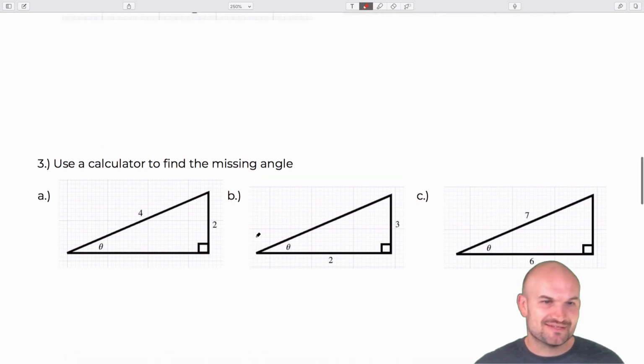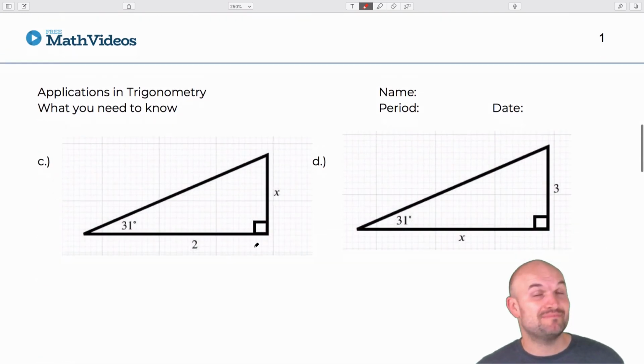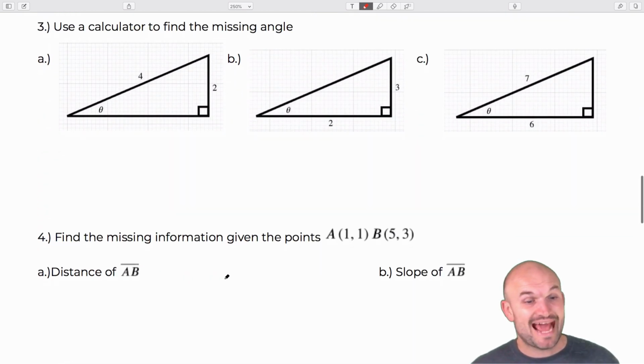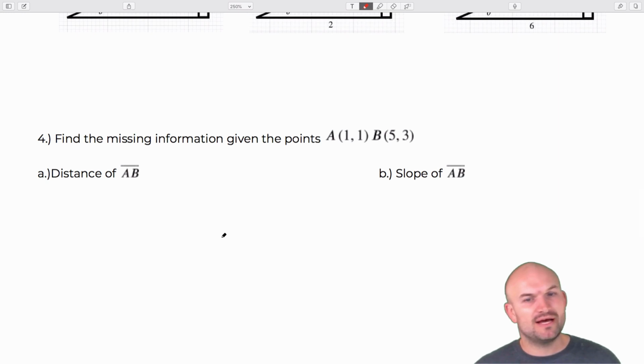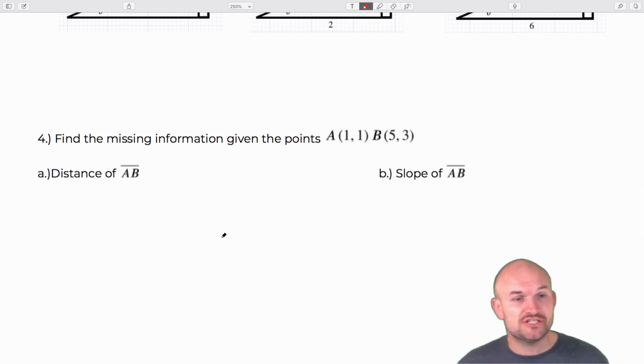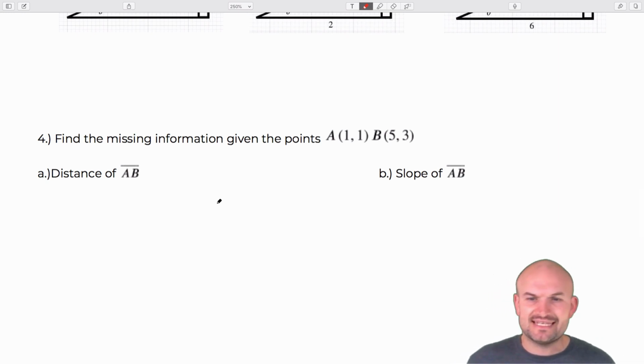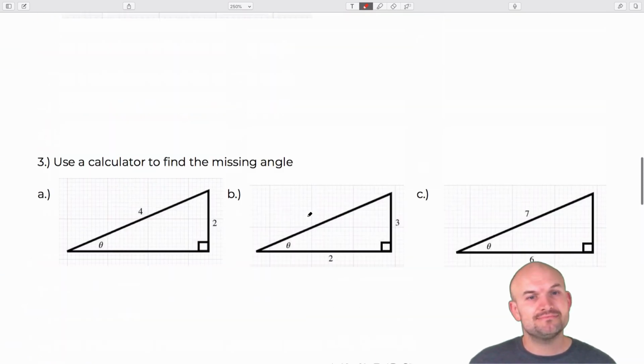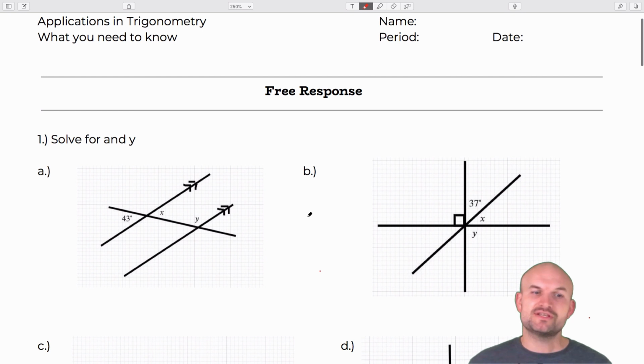For the last one, we're going to use our trigonometric functions to find the missing side, and here we'll use inverse trigonometric functions to find the angle. Then we'll work on coordinate point geometry and find the distance as well as the slope between two points. And that'll be it. So let's get started.